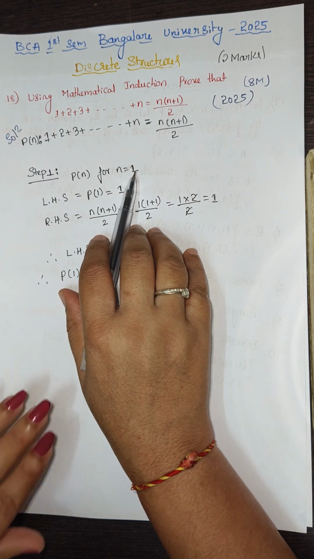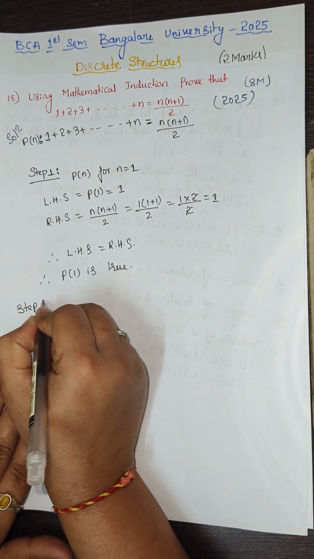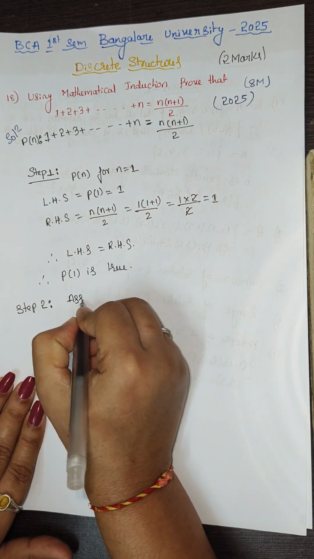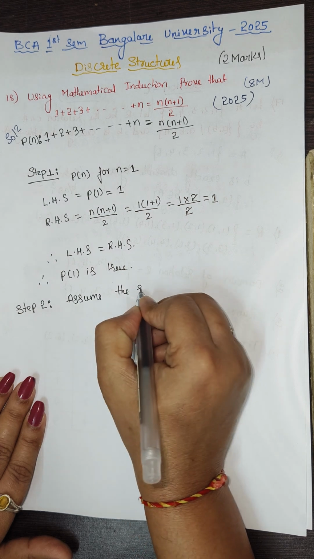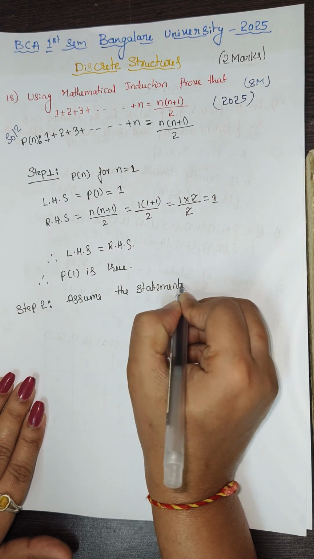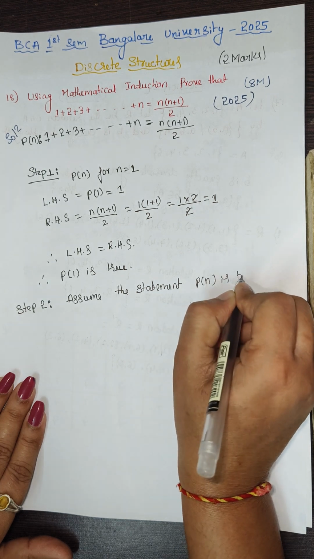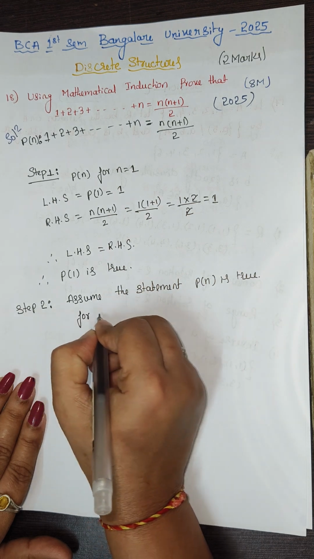The second step is we just need to assume. Step 2: assume the statement P of n is true for n equals to k.